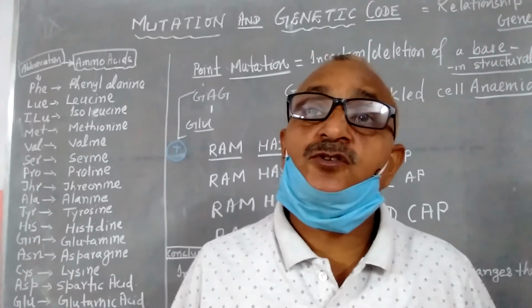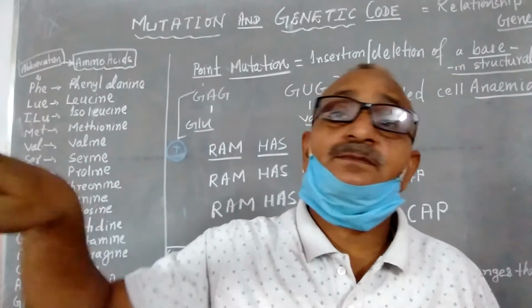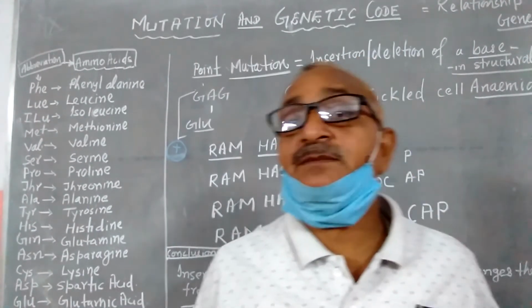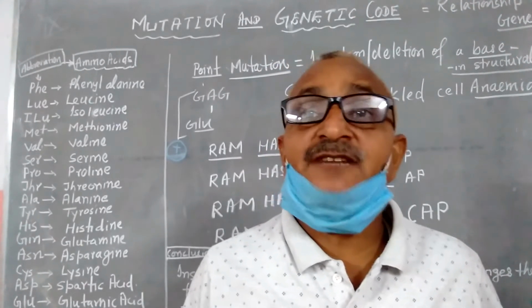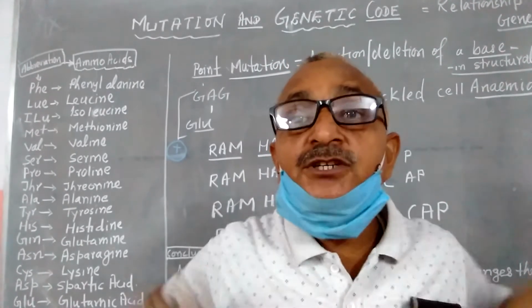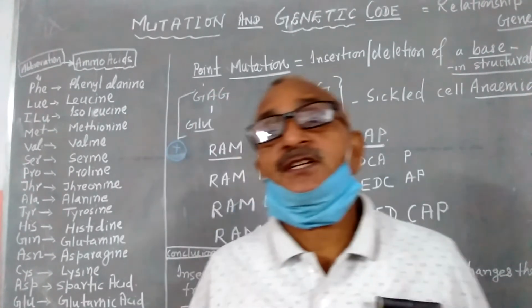The relation between the triplets of bases and amino acids is known as the genetic code. I have already uploaded two videos on the salient features of the genetic code, so you can take help from those.